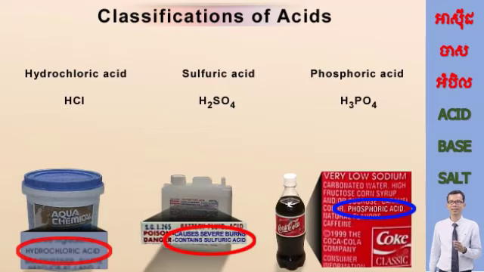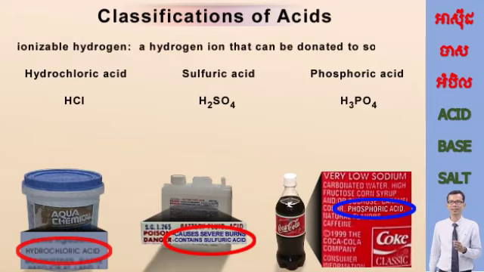Acids may be classified by the number of ionizable hydrogen ions the compound contains. You can think of an ionizable hydrogen as one that is capable of being donated to solution. A compound such as hydrochloric acid, HCl, is called a monoprotic acid because upon dissociation, the compound donates one proton to solution.